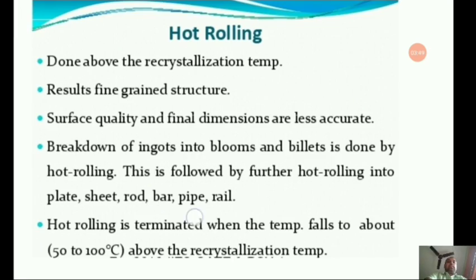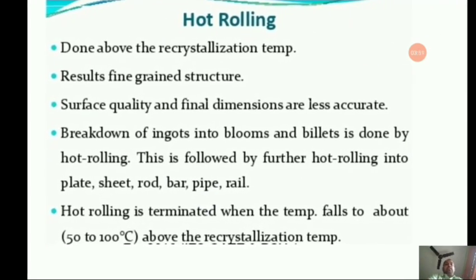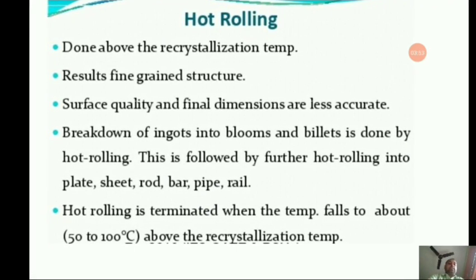Now as I earlier mentioned, rolling is normally a hot working process unless specifically mentioned as cold rolling. For hot rolling we have to perform the operation above the recrystallization temperature, and it results in fine grain structure.